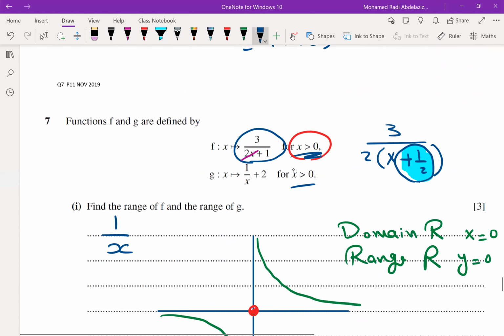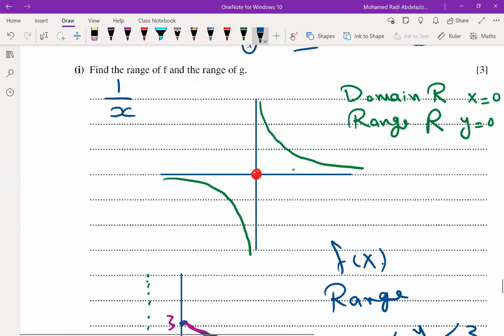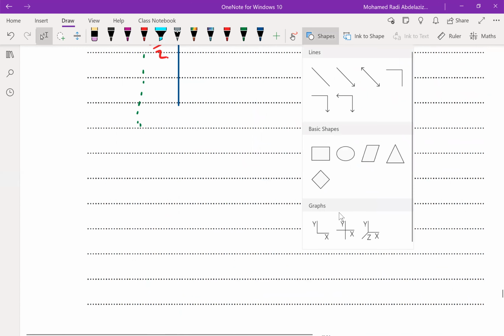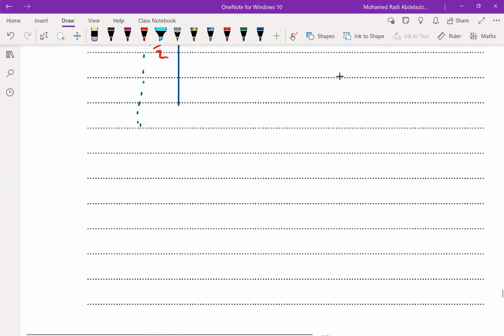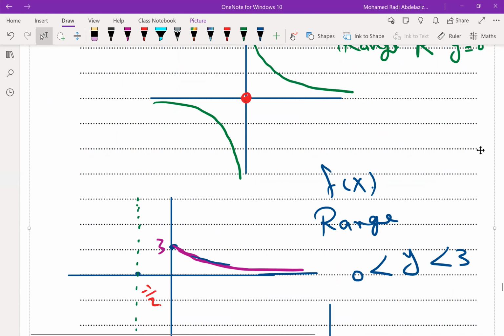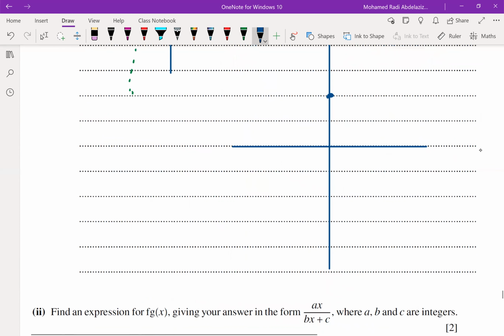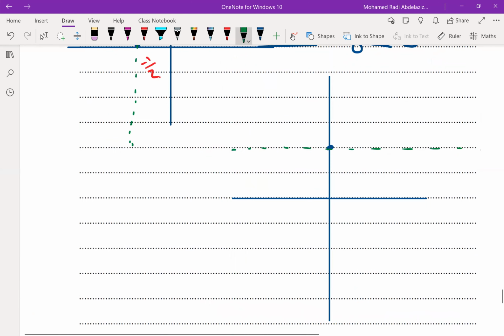In the same way for the function g, 1/x but shifted up 2 units, plus 2. So the graph of the second function, if we try to sketch it, will be like this. This is 1/x, but adding 2 means we move up 2 units, so we shift only the x-axis.